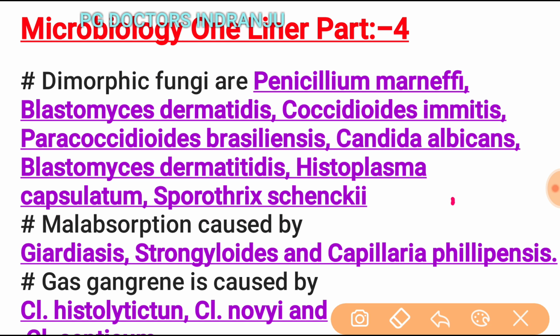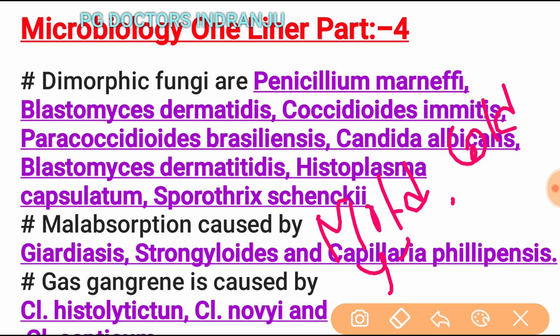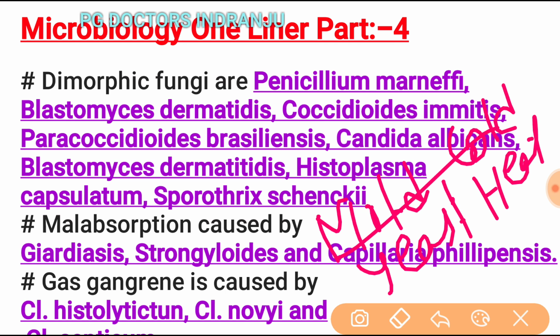The trick to remember: mold is cold and yeast is heat, so that you can easily remember.